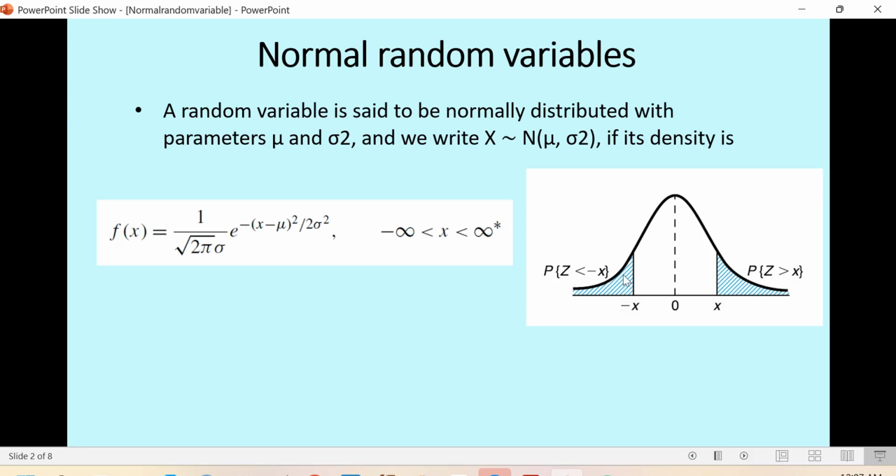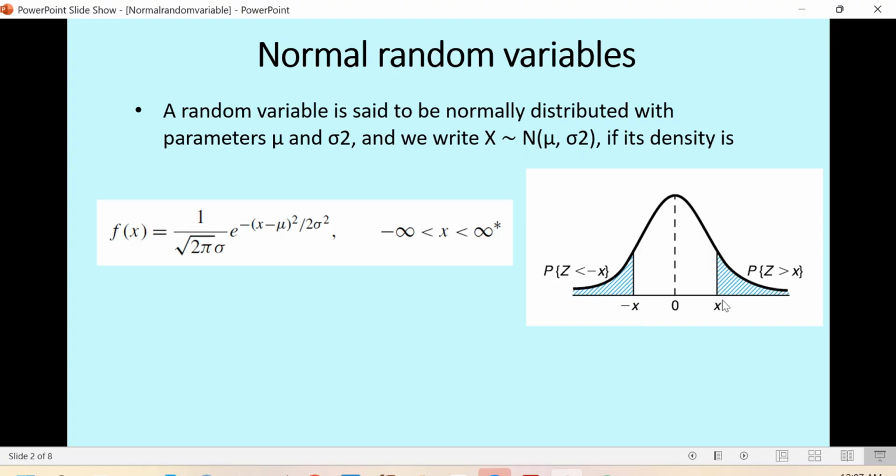For example, we are interested in the blue area, which is the cumulative probability for this random variable less than minus x. Here x is a positive number.